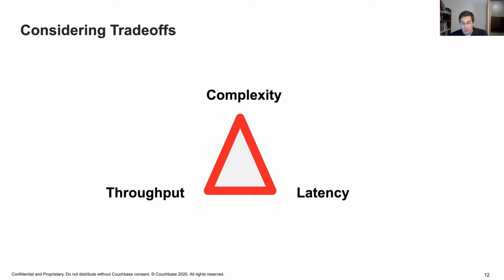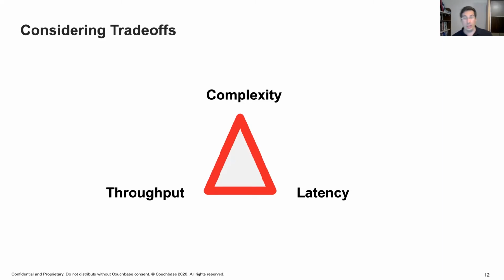In terms of different semantics of the different services, as always in engineering, there are trade-offs, right? And it's not always clear-cut, but in my opinion, there are three different things you need to keep in mind when you compare different services and how to use them. And the trade-off there, in my opinion, are complexity, throughput, and latency.